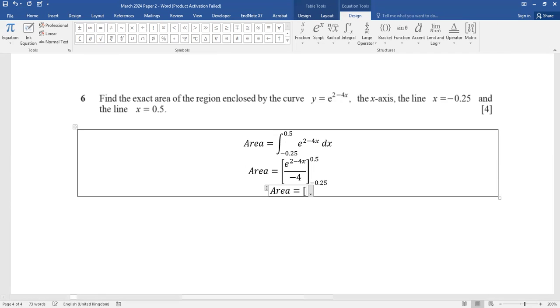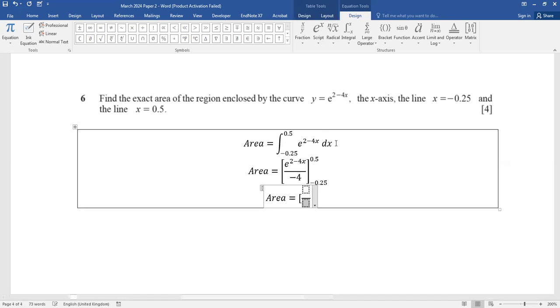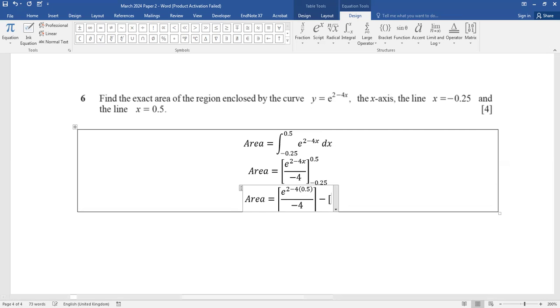So for the area, first we apply the upper limit, e to the power 2 minus 4 into 0.5, minus the lower limit, e to the power 2 minus 4 into 0.25.